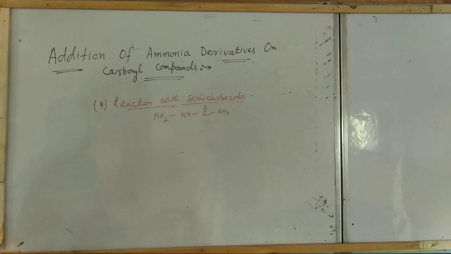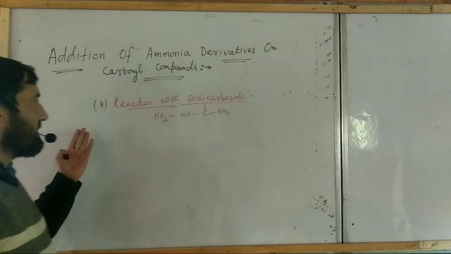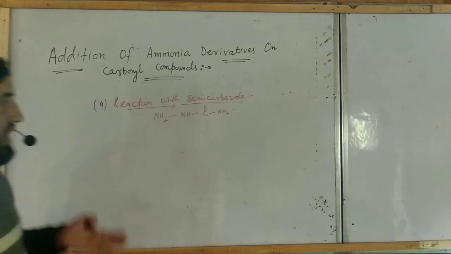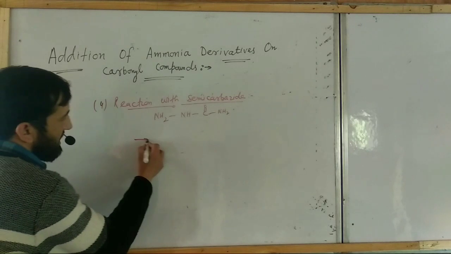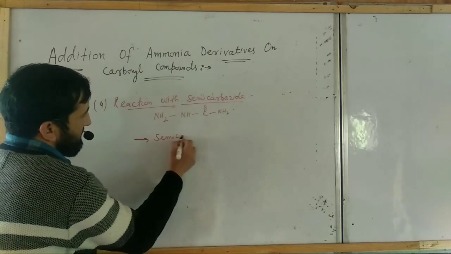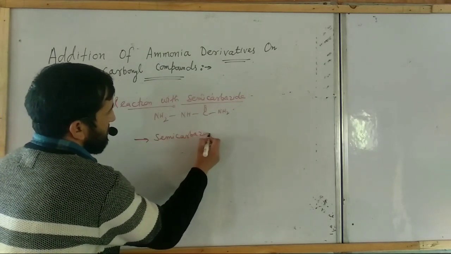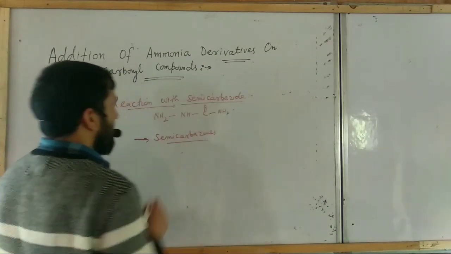It must be noted that when this semicarbazide reacts with aldehydes and ketones, they also form the corresponding semicarbazones. So there is formation of semicarbazones. इस reaction में भी water molecule eliminate होगा.